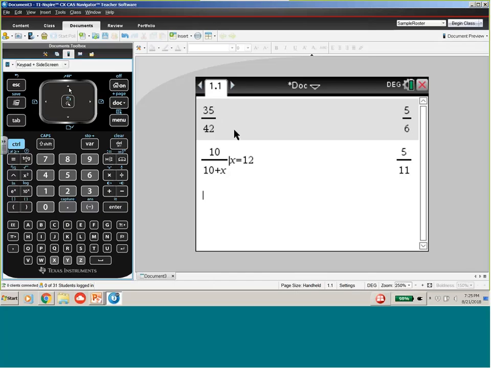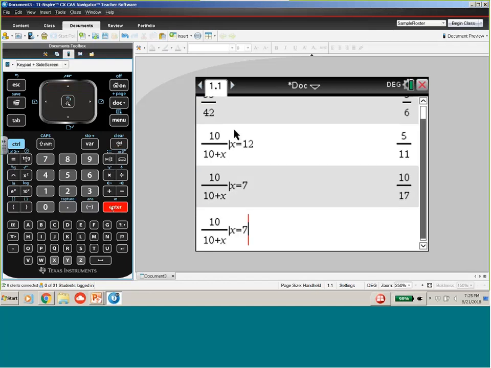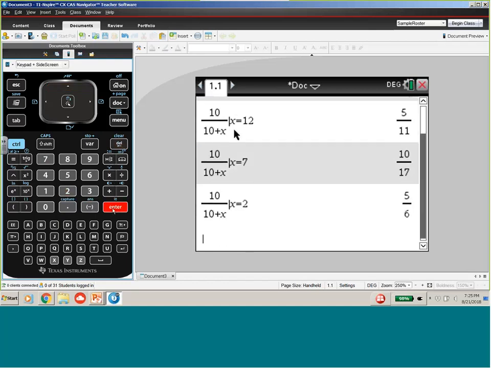If you just copy and paste by mouse, just like on the 84, if you mouse up and press enter, now I can delete that answer and type in 7, and that's not the right answer. But if I copy and paste again and change it to 2, I believe that one does work.